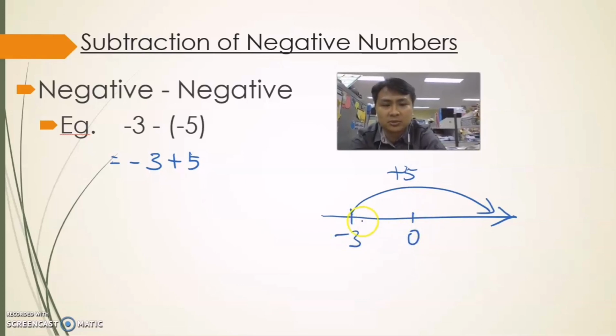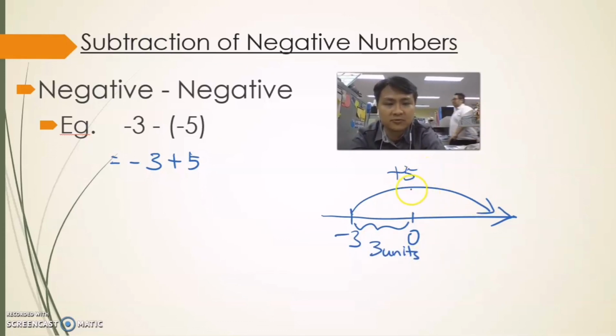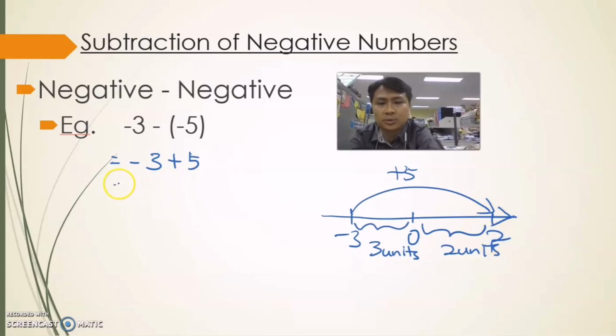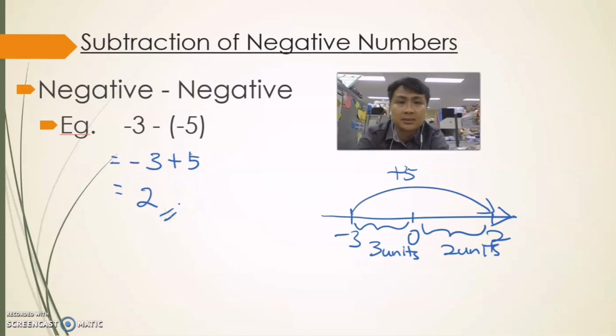From negative 3 to 0, it is 3 units. So how many units are we left here? 5 minus 3, we are left with 2 units. So our answer here will be 2. So negative 3 plus 5 is equal to 2. This is how we subtract negative numbers. Are all of us very clear about this?